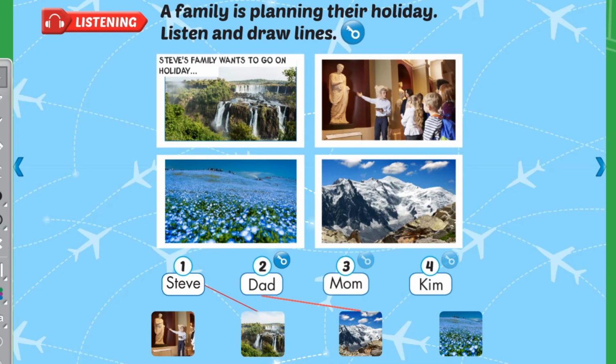Yes, Mom wants to go to see the flower field. And Kim wants to go to see the museum. Now let's check our answers. Good job! You got the correct answers. Now on to the next part.